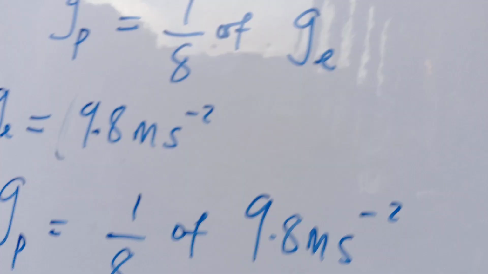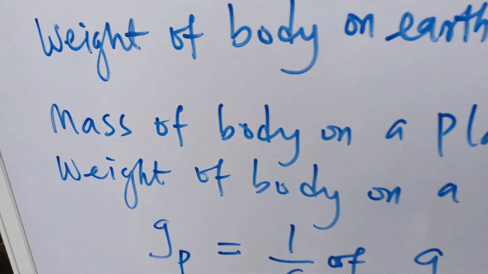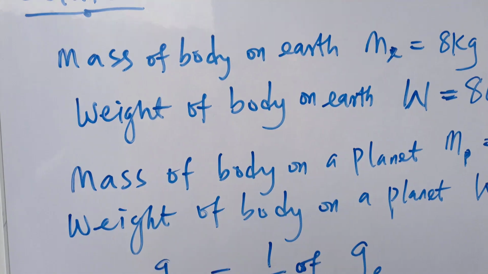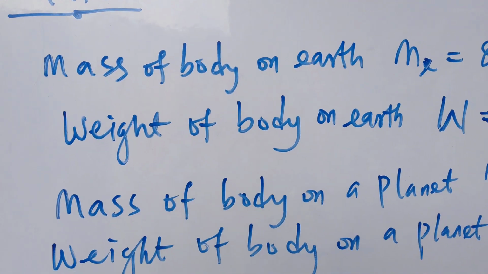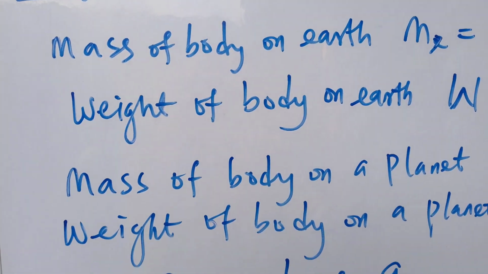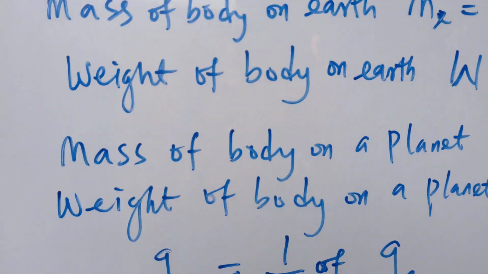Now you should note that the mass of a body does not change, whether it is on the Earth's surface or it is on Mars, Venus, Jupiter, Pluto, any planet.